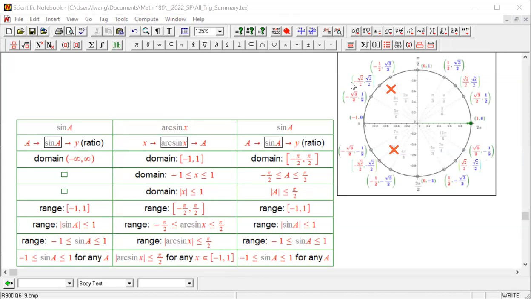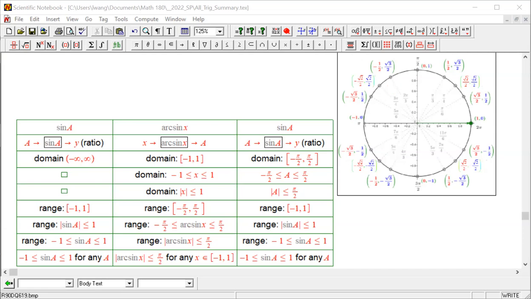This will be the no-fly zone. The same technique is applied to all the other functions: arc cosine, arc tangent, arc cotangent. We just truncate different quadrants.